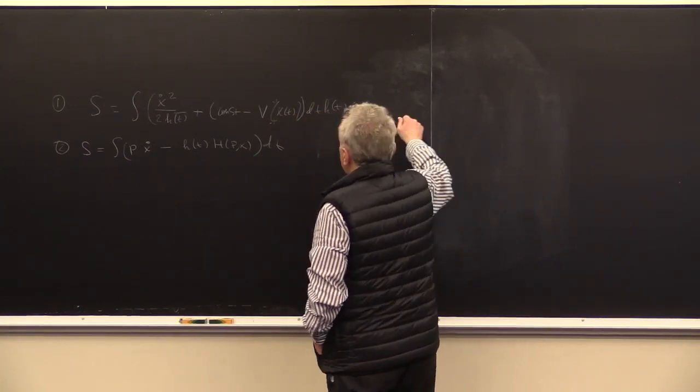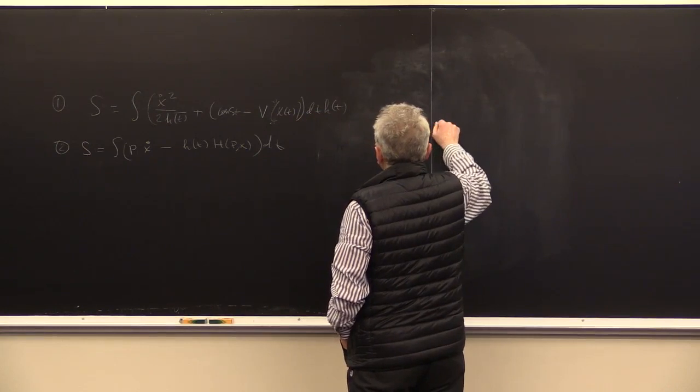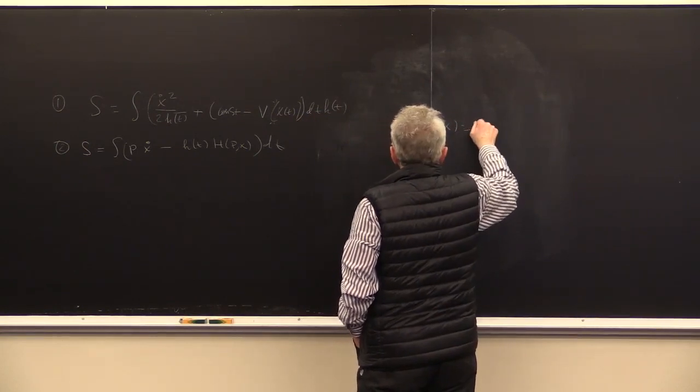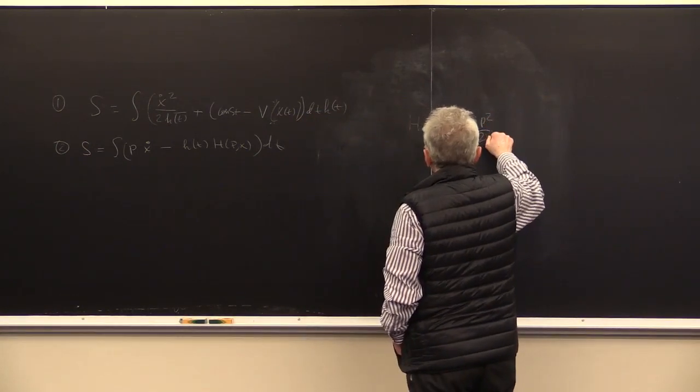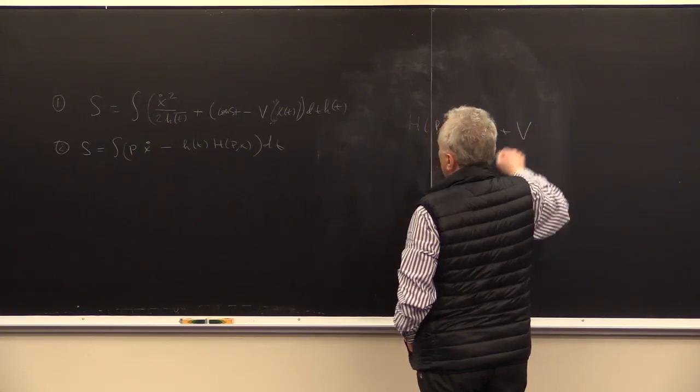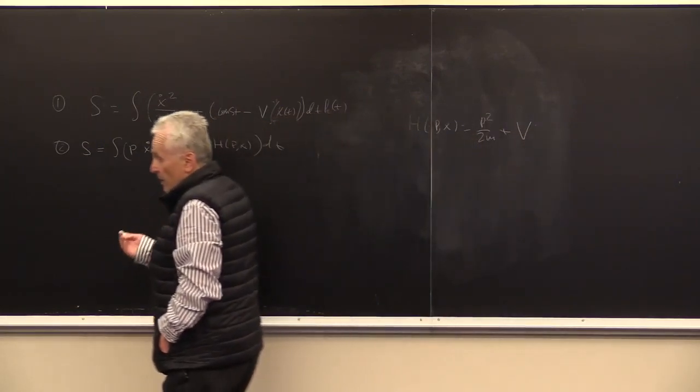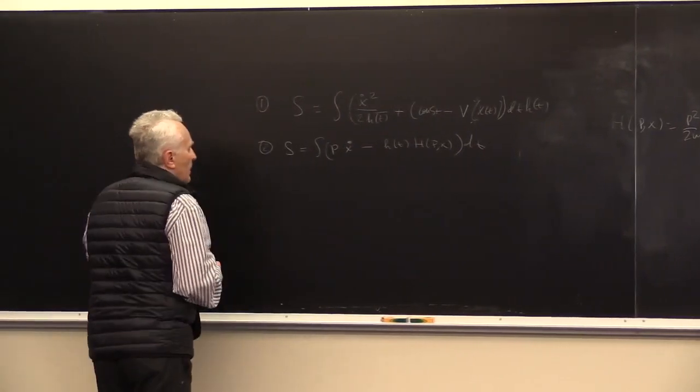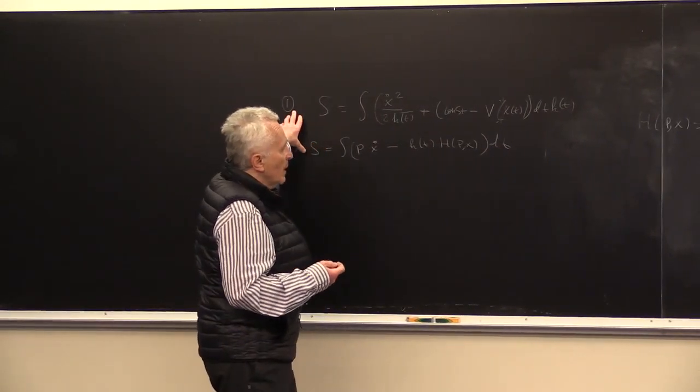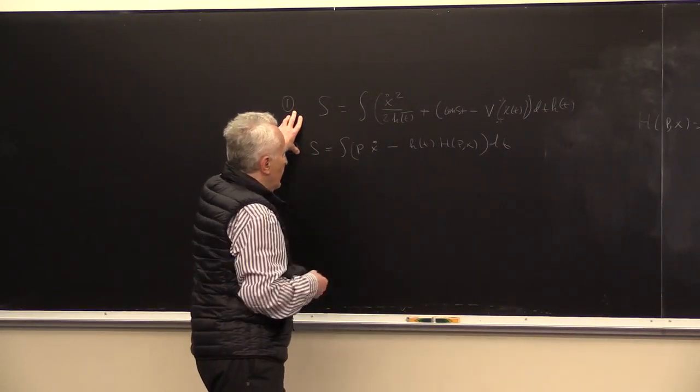In this particular case, h, as a function of p and x, is simply p squared divided by 2m plus V. And as we said, it's not accidental at all that we get the total energy here.